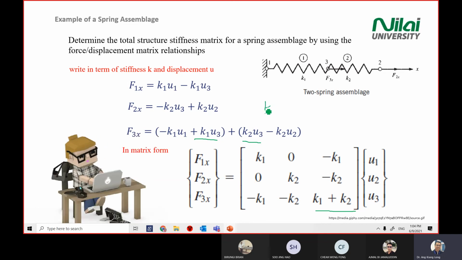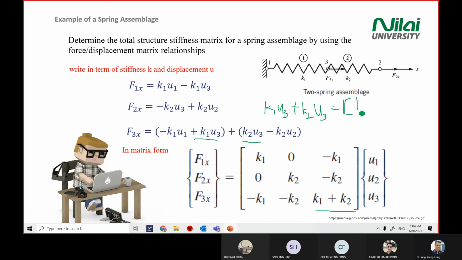You have K1 U3 plus K2 U3, which you can factorize as K1 plus K2 times U3.